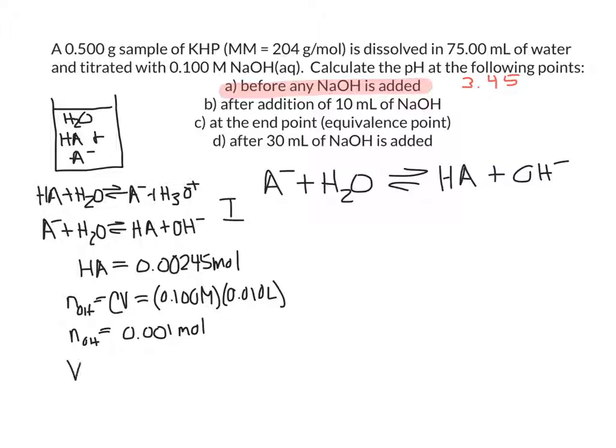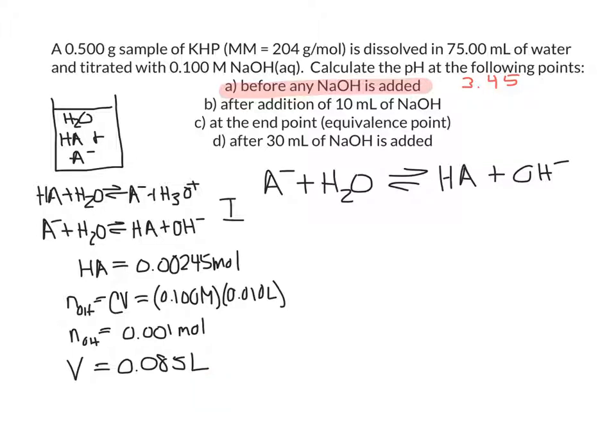So the volume that these moles are in is equal to 85 milliliters or 0.085 liters. And so to calculate the concentration of my HA and my OH minus that are currently in this beaker, I need to know how many moles are in what total volume.